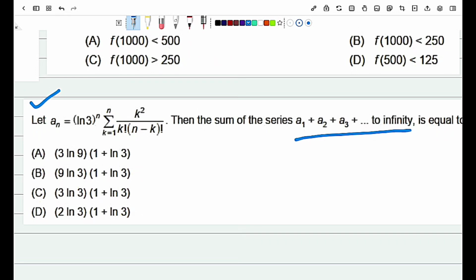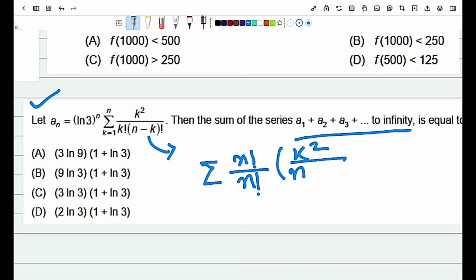Now before directly moving on to the problem, let me just show you one thing. What we have to do is multiply n factorial in the numerator and n factorial in the denominator of the binomial term that is given, and we already have k squared divided by k factorial into (n minus k) factorial, right?